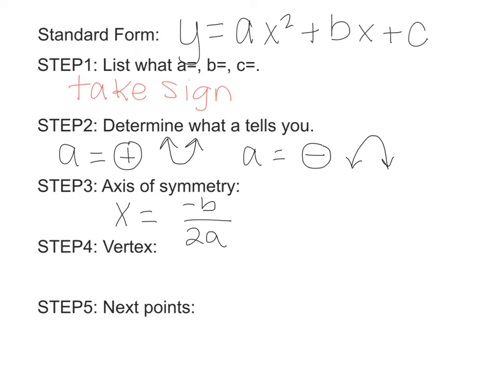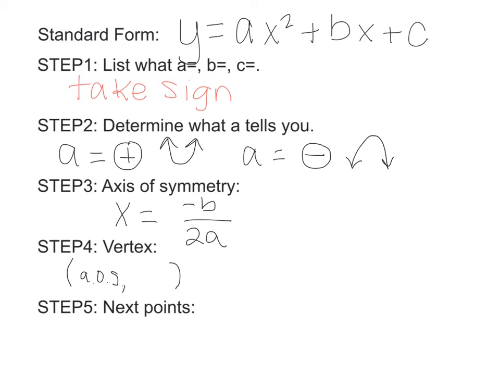All right, the next step is that we are going to find our vertex. The vertex is going to be an ordered pair. And this ordered pair is going to start with the axis of symmetry, which we're going to abbreviate AOS, as the x value.